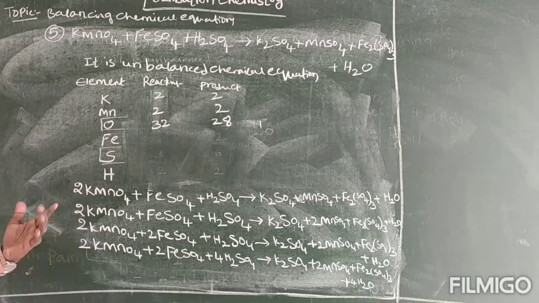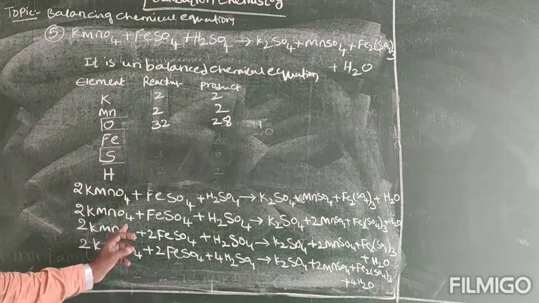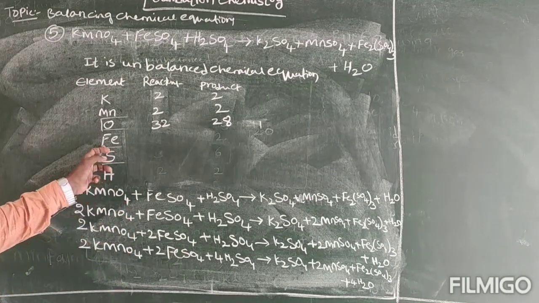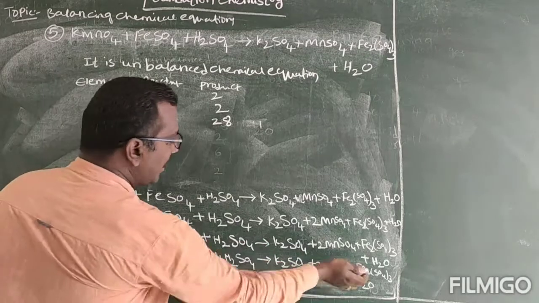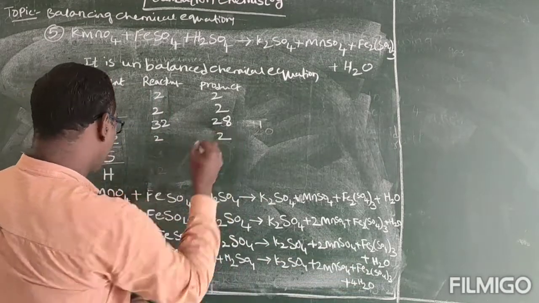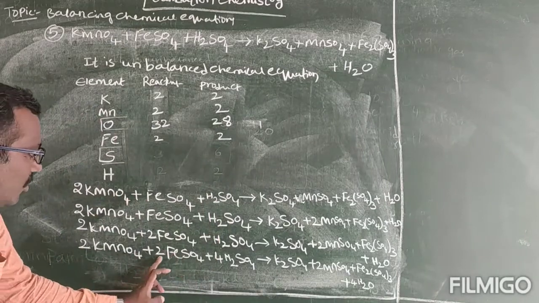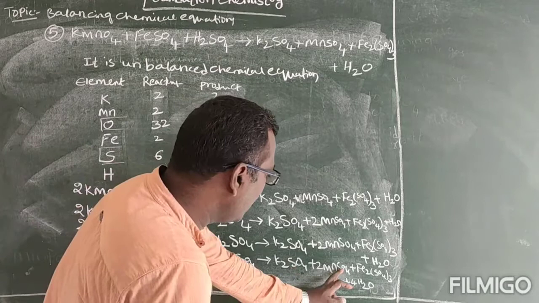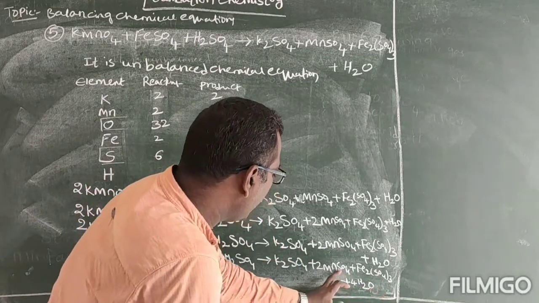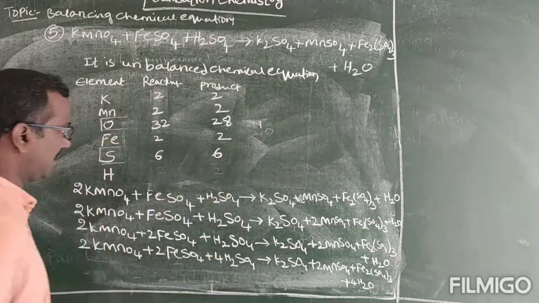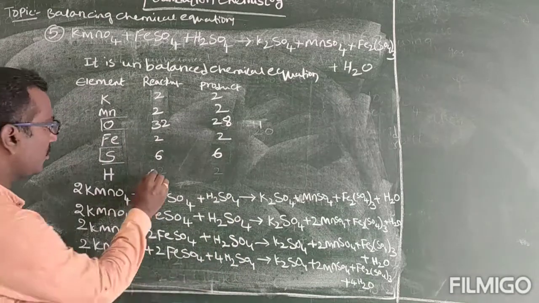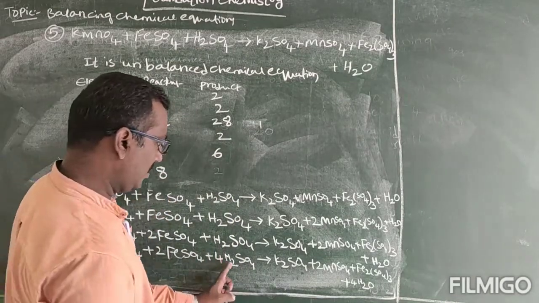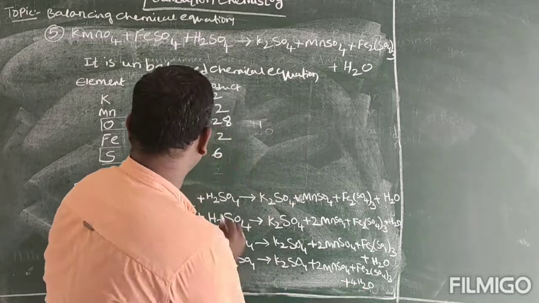Okay, right, we will take it. Next, iron, here 2 iron and here also 2 iron. Sulfur, 2 plus 4, 6, and this side 3 plus 2, 5, 1, 6. It is balanced.